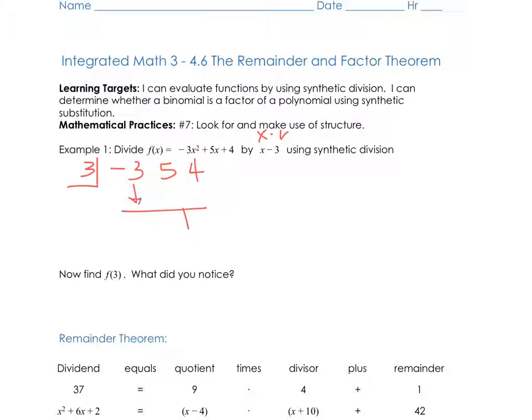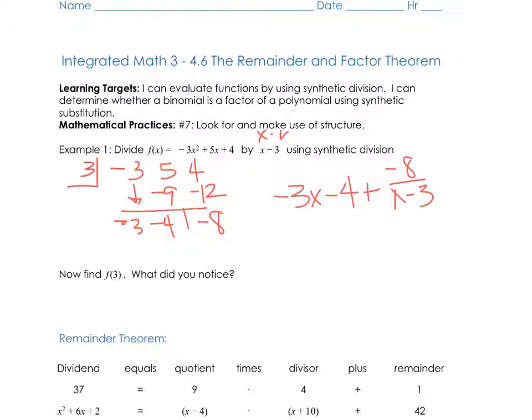So I bring the negative 3 down. 3 times negative 3 is negative 9. 5 plus negative 9 is negative 4. 3 times negative 4 is negative 12. 4 plus negative 12 is negative 8. So my answer is negative 3x minus 4 with a remainder of 8.